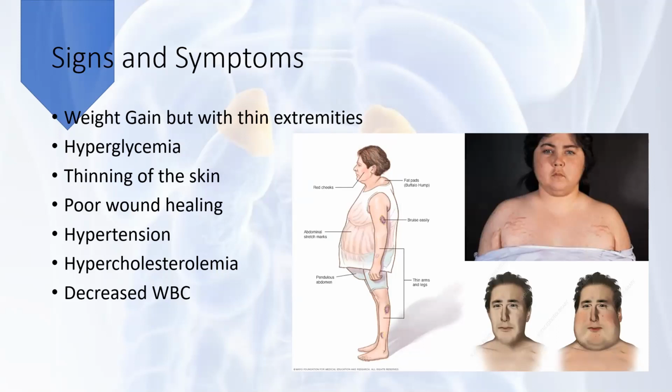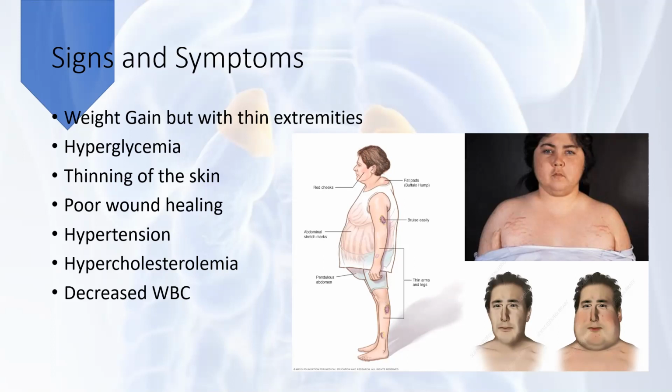Now, these are the signs and symptoms of a patient with Cushing's syndrome. Weight gain with thin extremities, hyperglycemia. Bakit hyperglycemia? Yung pasyente na mayroong hypercortisolism, si cortisol, pinopromote ang glucose production. Okay?